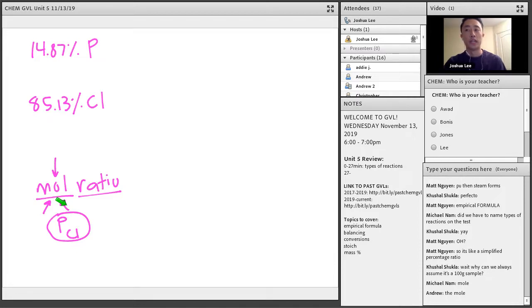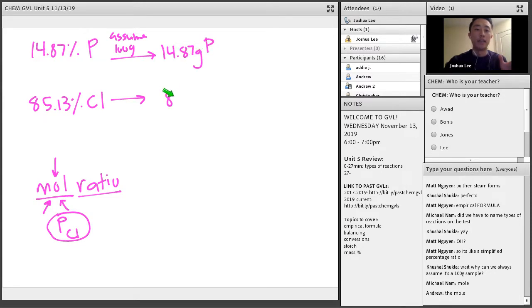So it doesn't matter if you say, let's assume 17 grams, but if you do 17 grams, you have to find 14.87% of 17. So that's why we just do 100, because if we assume it's 100 grams, super simple. So you just assume 100 grams. So that math is a little bit easier. So now you say, okay, assuming I have 100 grams of this stuff, that means 14.87 grams will be phosphorus and 85.13 grams will be chlorine.